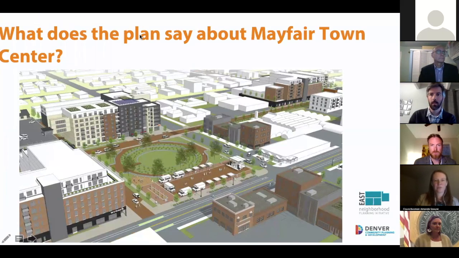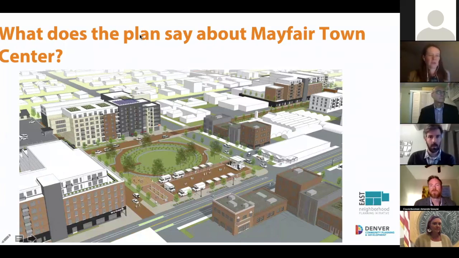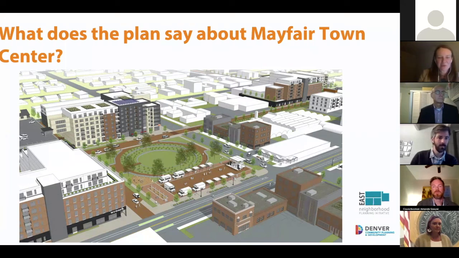Sure. Thanks for that question, Kate, or Kay. I'll just bring up this rendering again. And just so everyone knows, this is what we call an illustrative concept. These are not publicly owned properties. We don't have direct control over what exactly happens here, but we show this rendering to give everybody an idea and help visualize the recommendations in the plan.